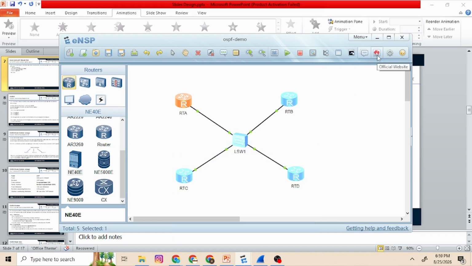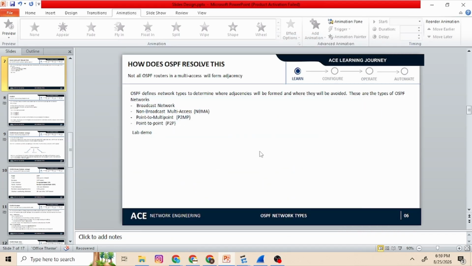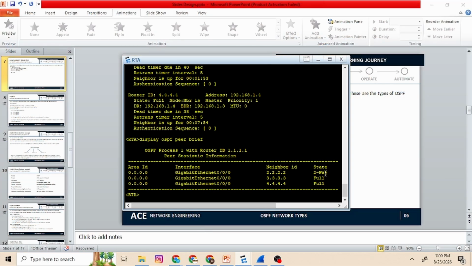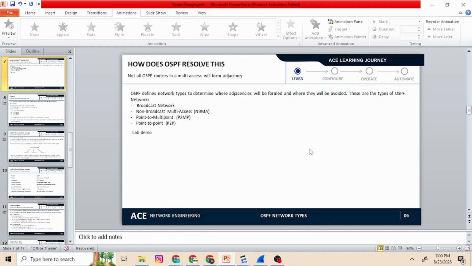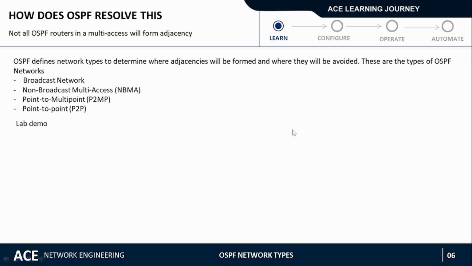So that's what we are saying in that statement, that not all routers will form full adjacencies. Some will remain at 2-way, so as to reduce the number of adjacencies that we have, so that we do not have that exponential increase in the number of adjacencies when we increase our routers.